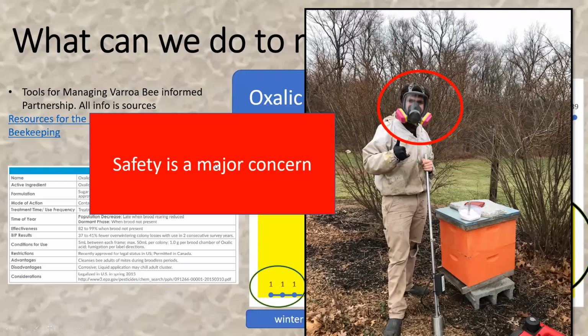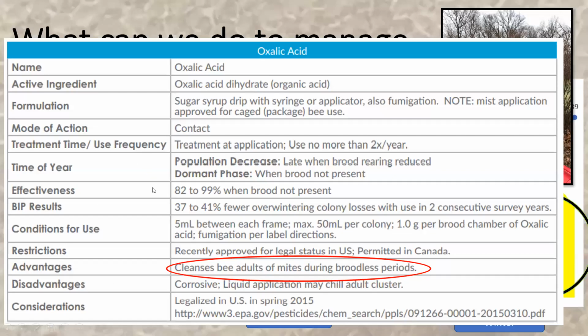So always read the label on the chemicals. That's actually a very good point. Aside from the Bee Informed Partnership, on the back of the chemical that you're using, the label is law.